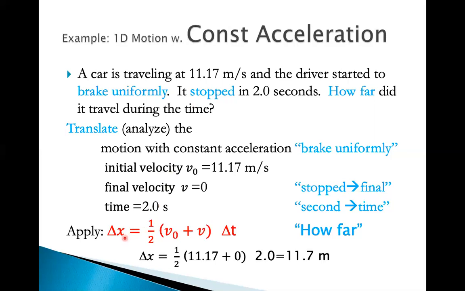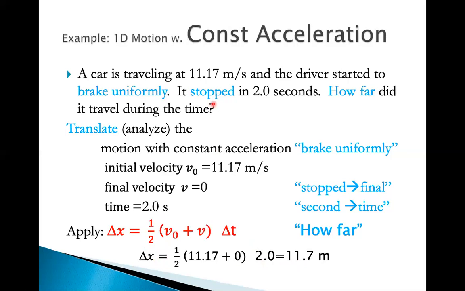Okay, apply an equation. Why do I select this equation instead of the other ones? There are 3 known quantities and 1 unknown quantity. This is the only equation that has the 3 known quantities and the 1 unknown quantity. So this one happens to work. If you started by trying another equation, you would realize that it's not going to bring you from the 3 known to the unknown. So this is the one we pick. If we plug in the numbers and solve it, this is the result.